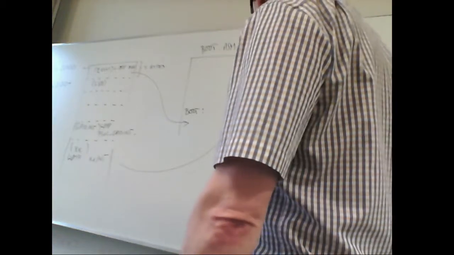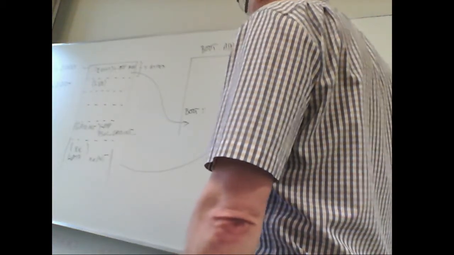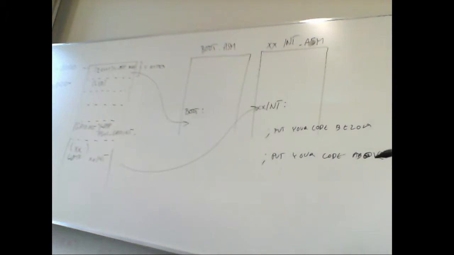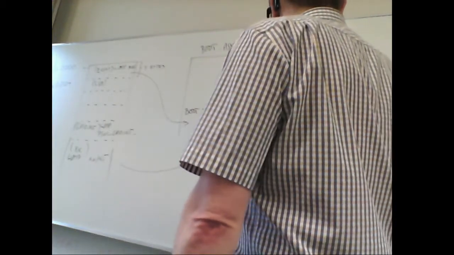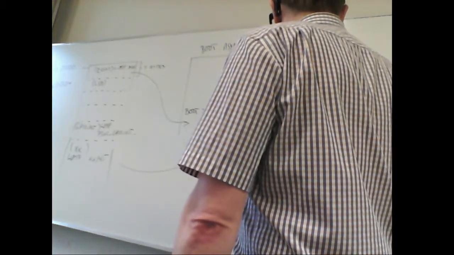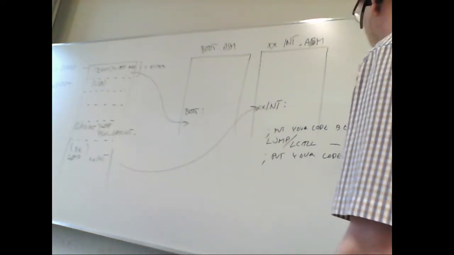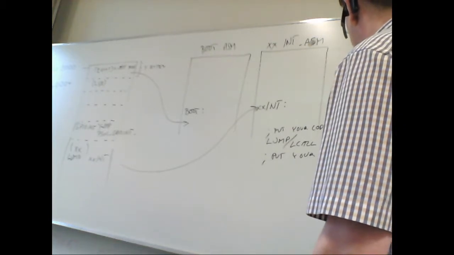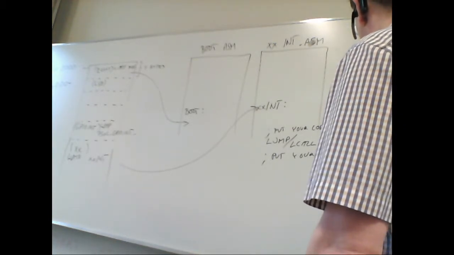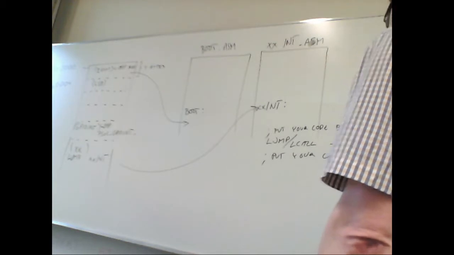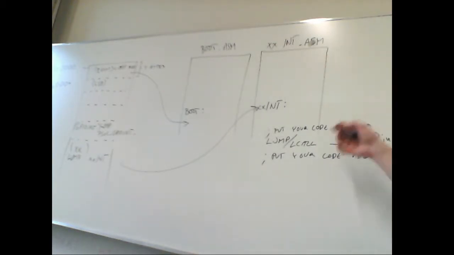But here you must have a jump, either a long jump or a long call, to underscore my ISR in C, whatever your code is in C language.